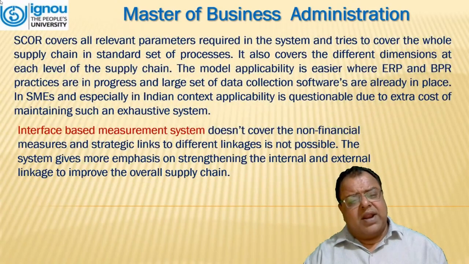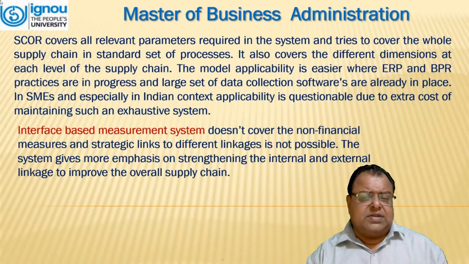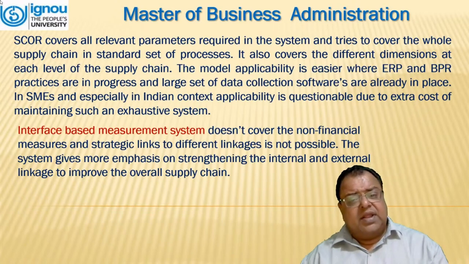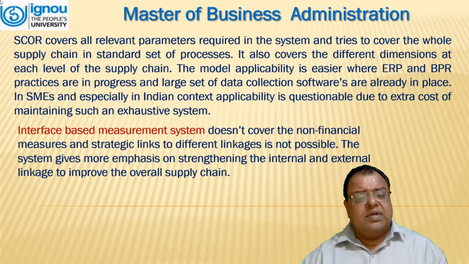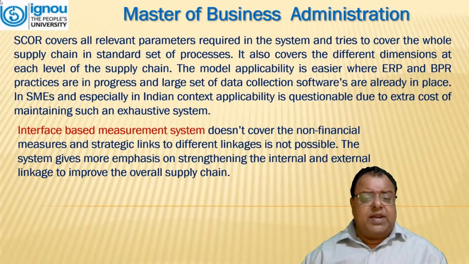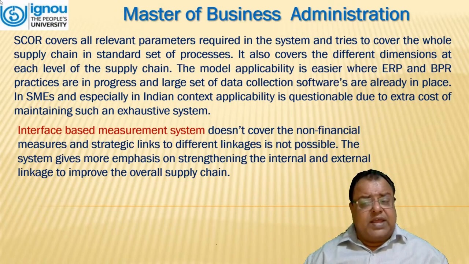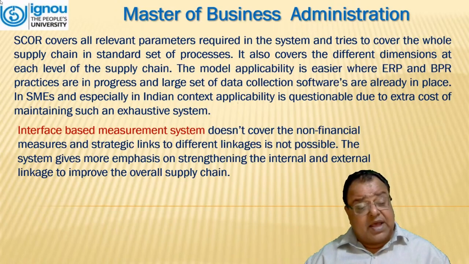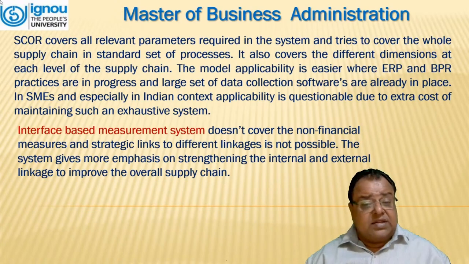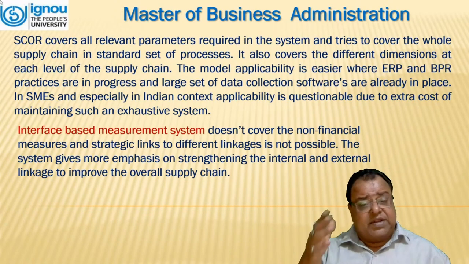SCOR covers all relevant parameters required in the system and tries to cover the whole supply chain in a standard set of processes. It also covers the different dimensions at each level of the supply chain. The model's applicability is easier where ERP and BPR practices are in progress, and large data collection software is already in place.